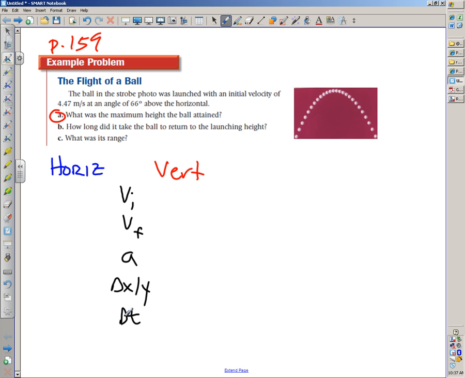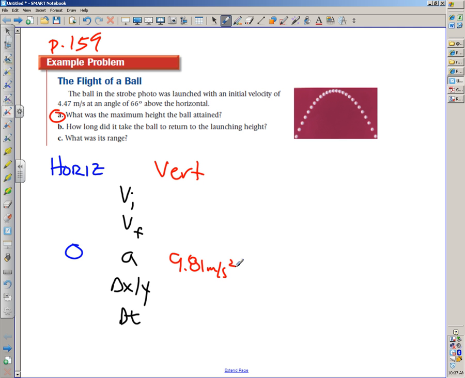And we said that the first thing you can fill in on this chart does not change. We still have 0 acceleration horizontally, and we still have 9.81 acceleration vertically, because if we neglect air resistance, there's nothing acting on it horizontally, but gravity affects it vertically. Okay? Good there? All right.